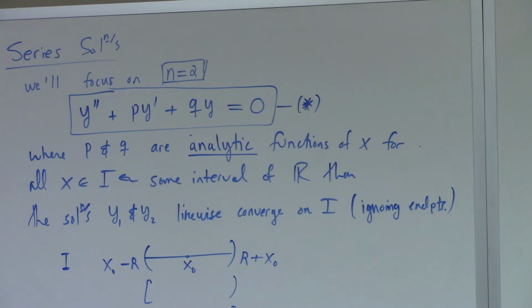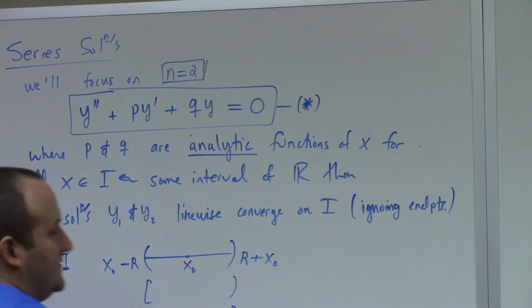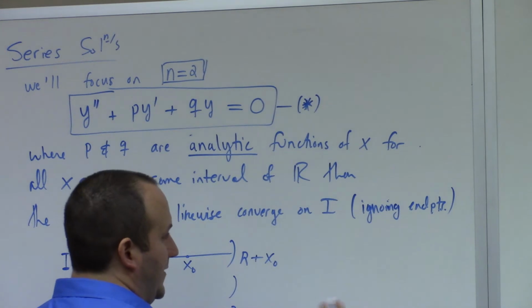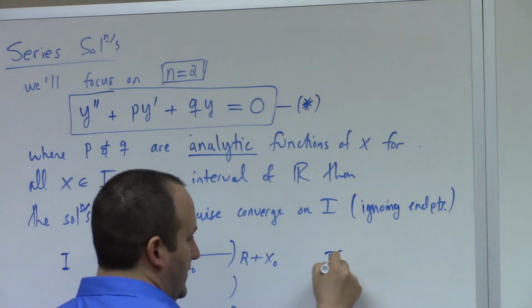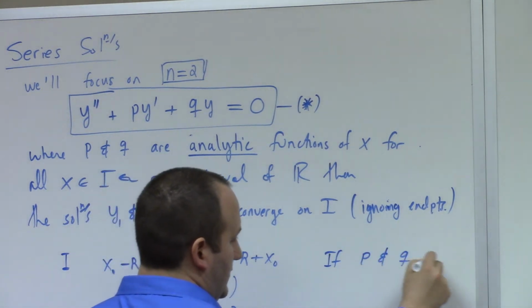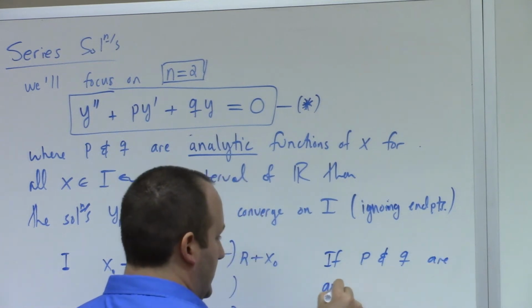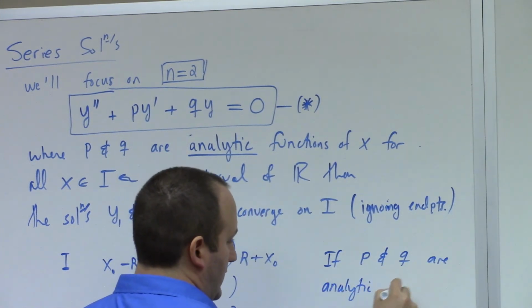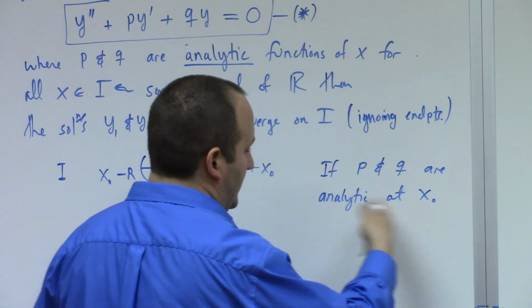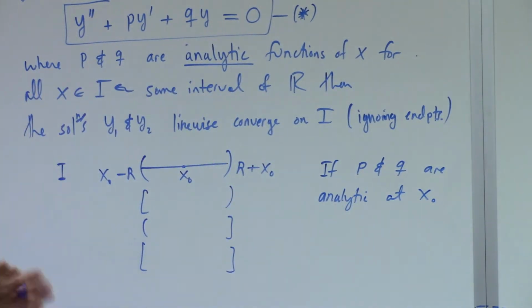So I know that. Okay, so then the next question to ask is, if p and q are analytic at x naught, what that means, of course, is that there's some interval containing x naught on which p and q can be represented by power series expansions which converge.